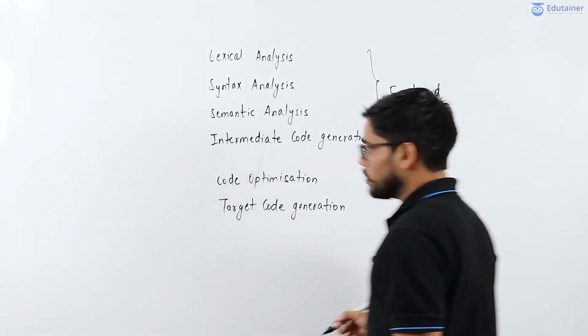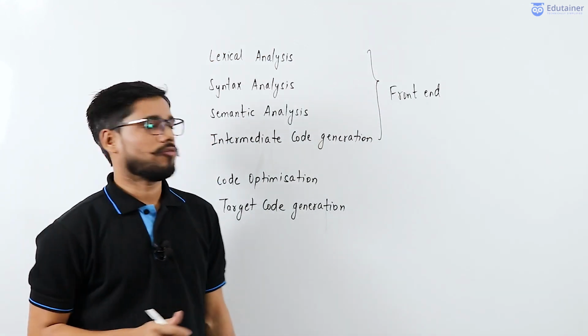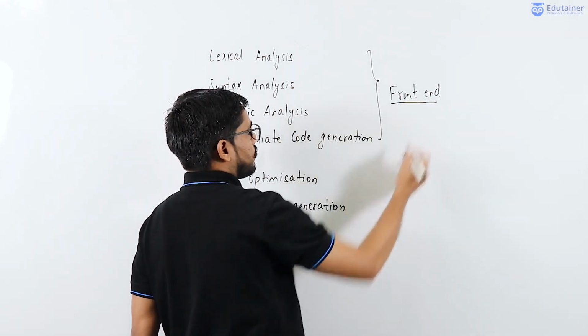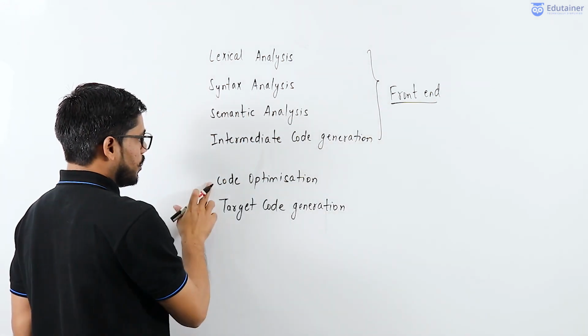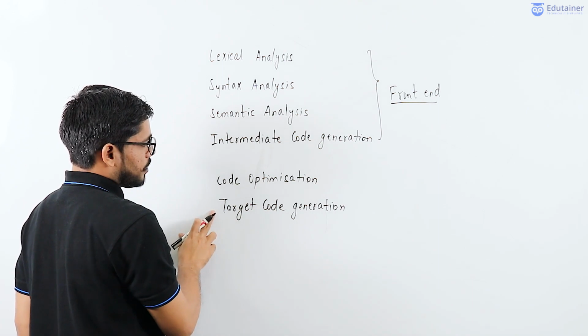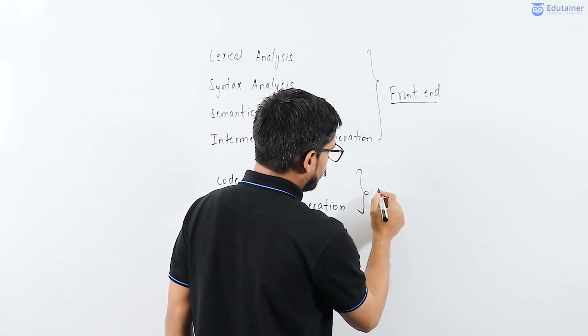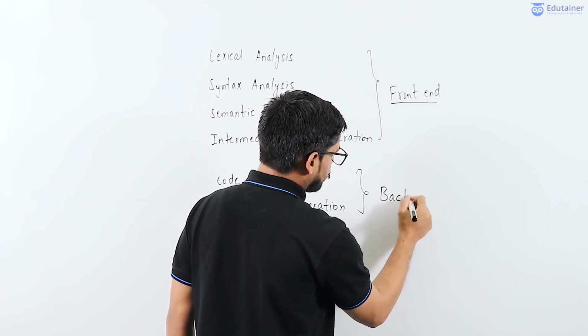The last two phases, code optimization and target code generation, are implemented together and called the back end.